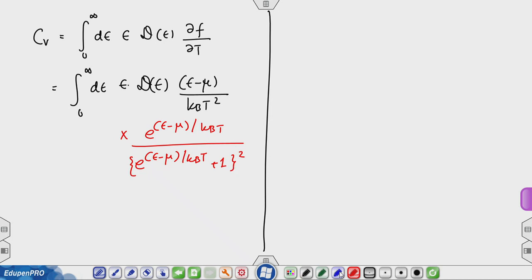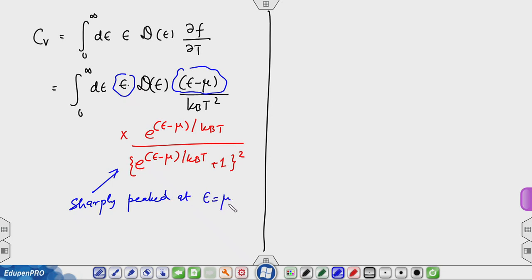Now you see I have a term which is epsilon minus mu here, another term which is epsilon, and this is sharply peaked at epsilon equals mu.